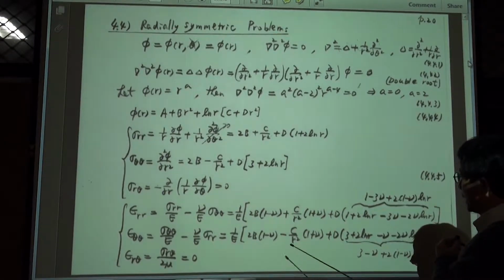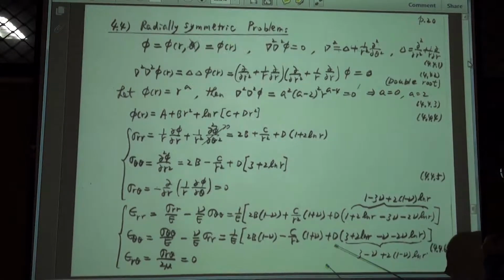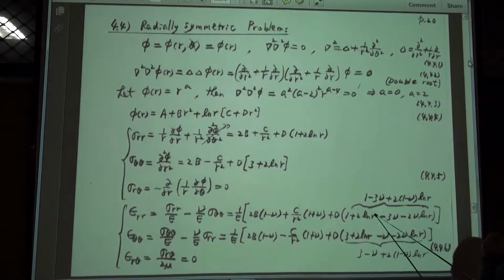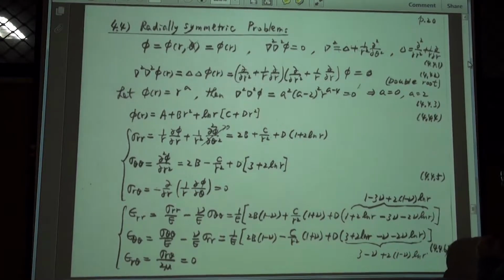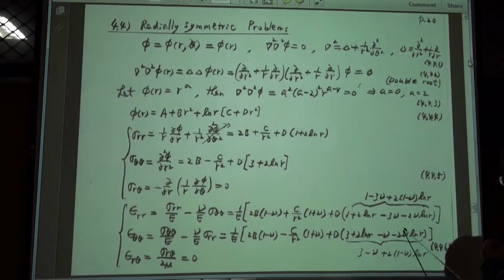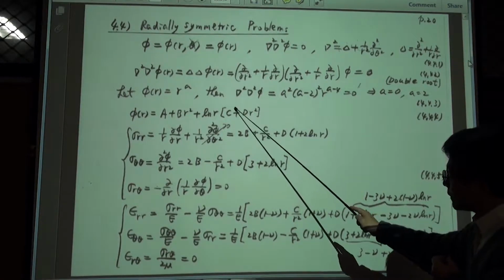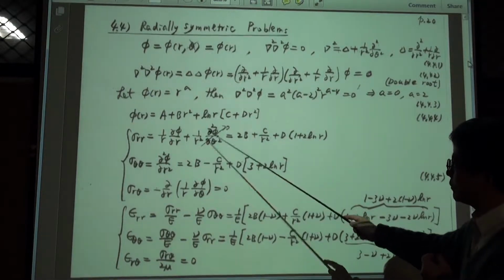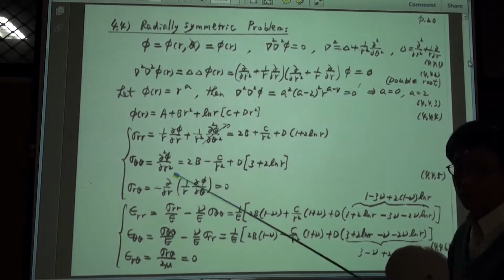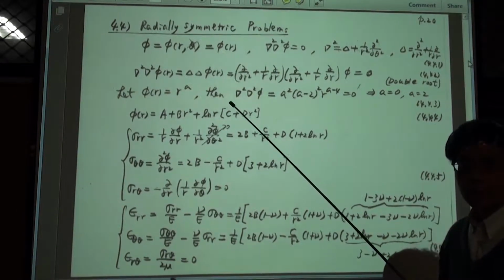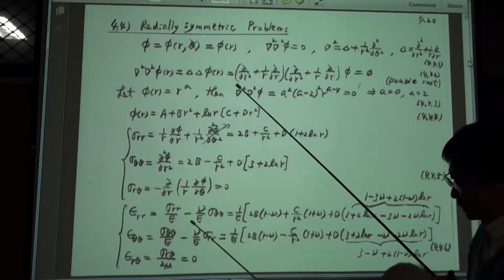After some reorganization of the terms, we can rearrange our terms like this. Having the stress function, we can calculate the stress and strain. More importantly, we can calculate the displacement.